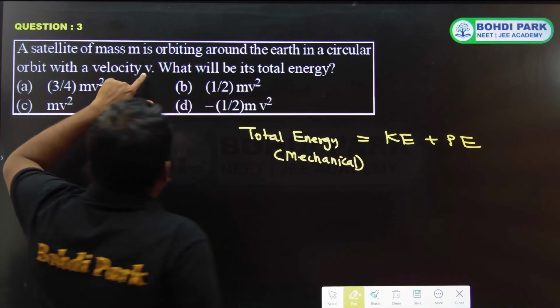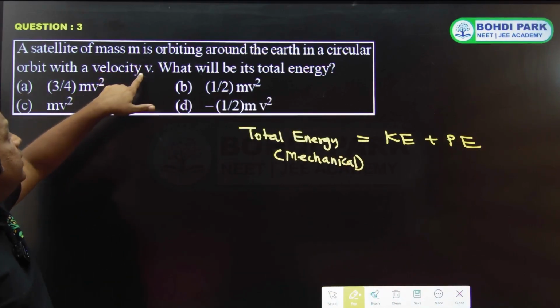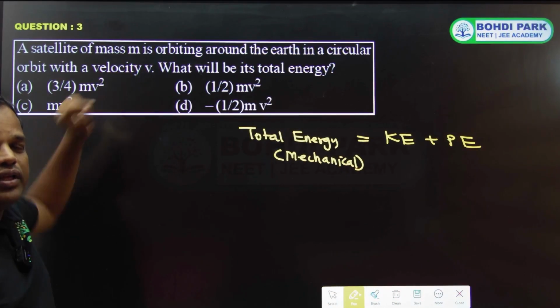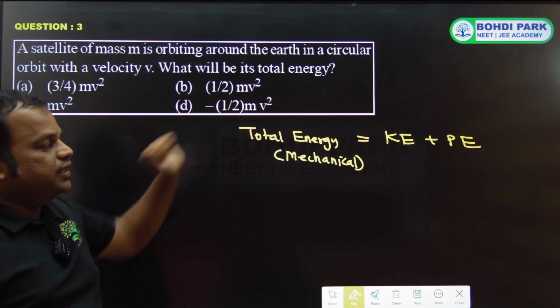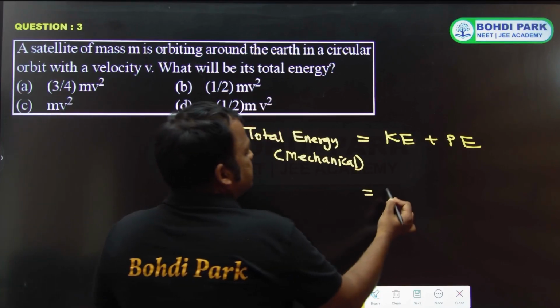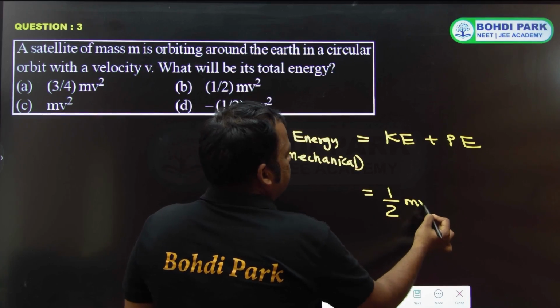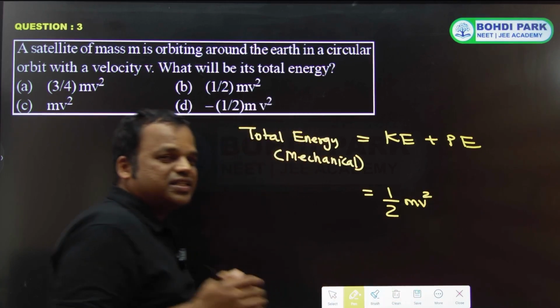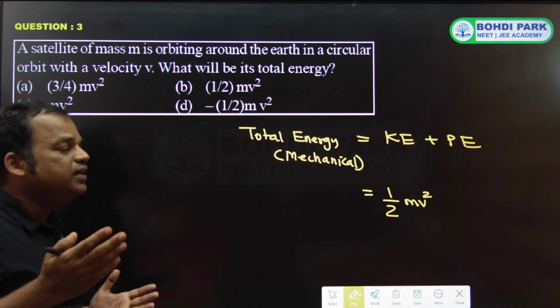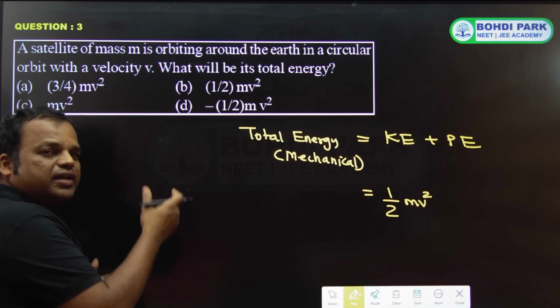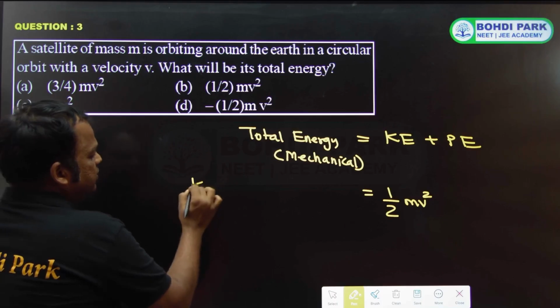Now we have been given the speed or the velocity v. So we have to find the answer in terms of mass and velocity. So basically kinetic energy, we know it is half m v square, and potential energy, what is the relation between potential energy and kinetic energy? So we have some short tricks over here.